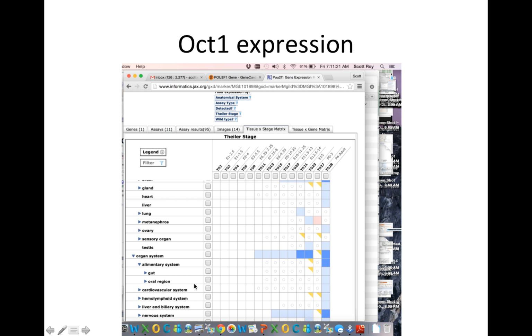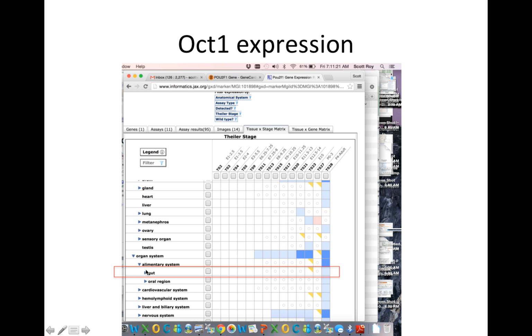And so let me just show what you're looking at here. So this is a database where scientists have figured out expression of each gene, in this case OCT1, in all these different tissues and in all these different stages. So this is in mice. So here we have adults, and then these are different embryonic stages. And so what you see for the most part, OCT1 is not expressed early on, and it is expressed late.